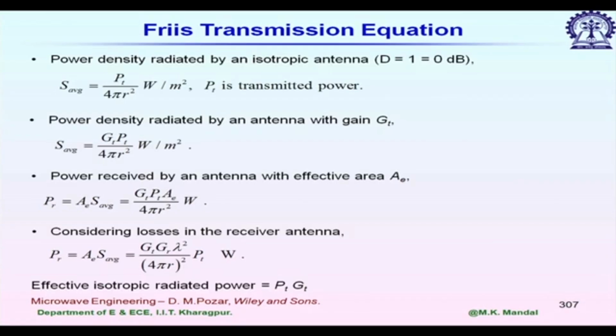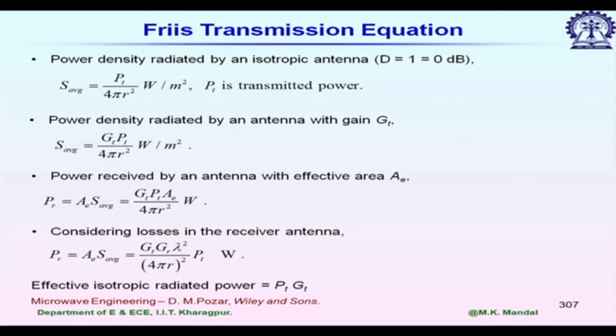Let us consider we have one isotropic antenna which is radiating a power Pt in all directions. That means its directivity is 1, or in decibel scale it is 0 dB.